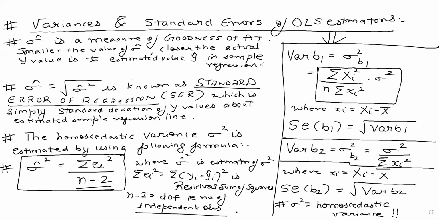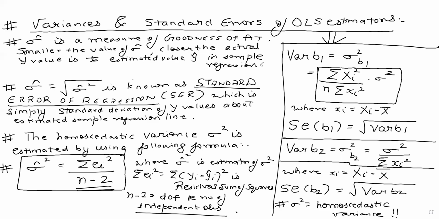A lower value of sigma hat means the actual y values are closer to the estimated y values in the sample, so your fit is better. However, if sigma hat is large, the actual y values are far away from the estimated y values, which means you have not fitted a good model. You need to recheck your data.